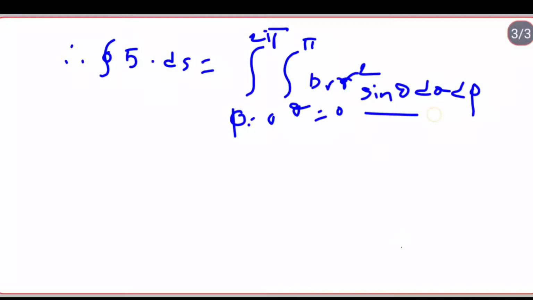After applying that, we obtain Dr r squared times the integral of sine theta, with theta from 0 to pi. The integral of sine theta is minus cos theta, with limits 0 to pi.